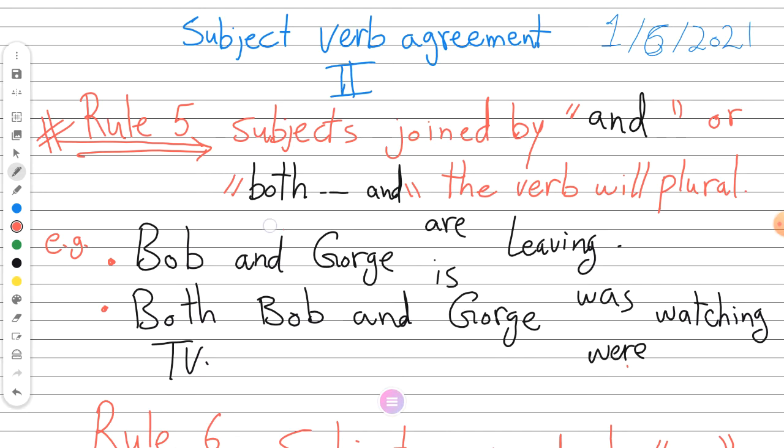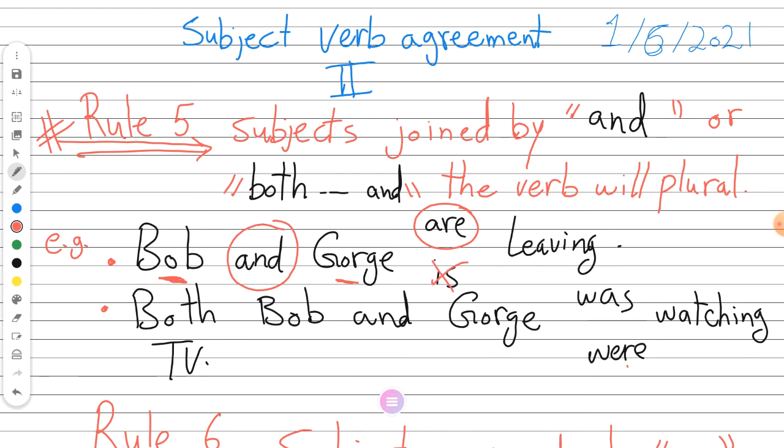I have here the connector and. I use and to join them. The rule says that if it is connected with and, this means that I'm speaking about two subjects, which are Bob and George. So should I use a singular or plural verb? I use, of course, a plural verb. It's supposed to be are, not is.